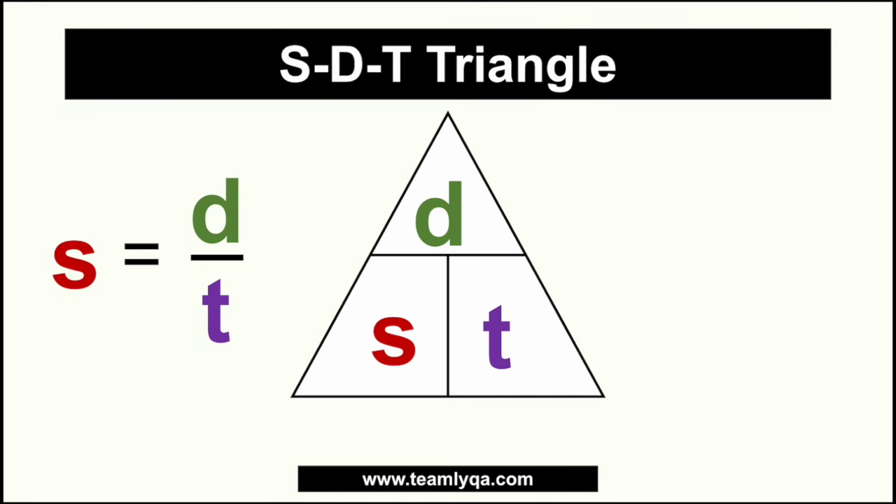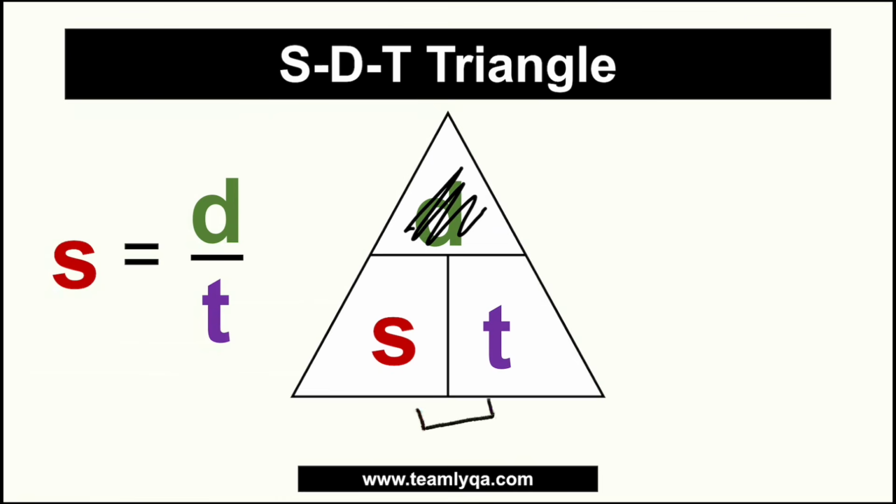So, for example, if you're looking for the speed, which we did before, you would see that the formula for speed is D over T. Ito yon, D over T. Now, ano mangyayari if we're looking for the distance, which we are sa video na ito? Iko-cover lang din natin yung D and you would see na magkatabi yung S at saka yung T.